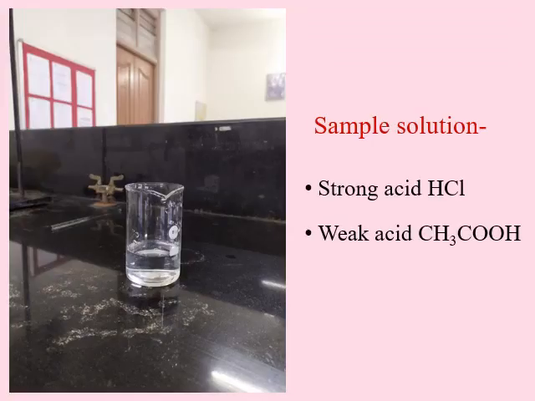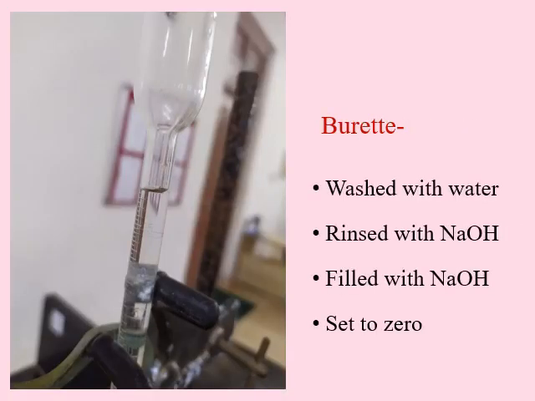Now let us see how to conduct the experiment. Sample solution will be provided in a beaker which contains strong acid hydrochloric acid and weak acid acetic acid. Burette is washed with water, then it is rinsed and filled with sodium hydroxide solution. Initial burette reading is set to 0.